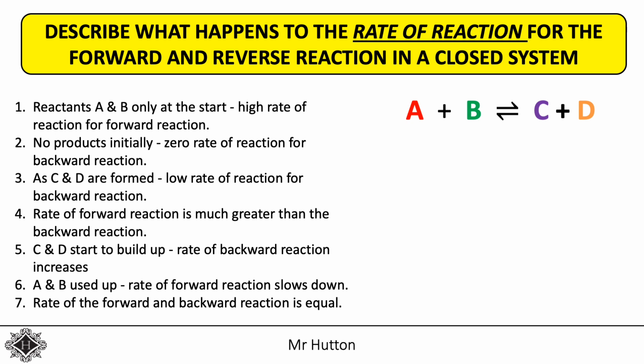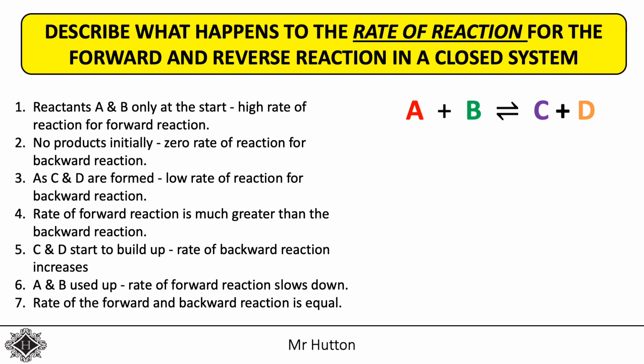And so there'd be a high rate of reaction for our forwards reaction because we've got a high concentration of A and B. We've got frequent collisions between A and B. At the very start, our backward reaction with C and D, because we haven't made C and D yet, the concentration of C and D is 0, so there would be no backward reaction at the start.